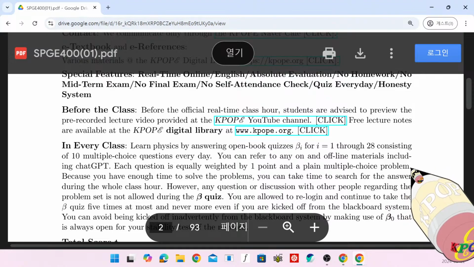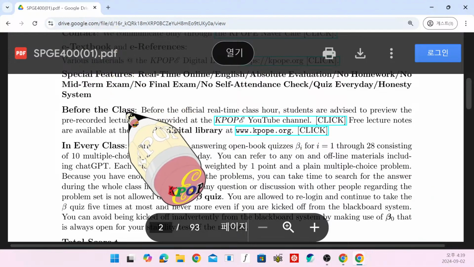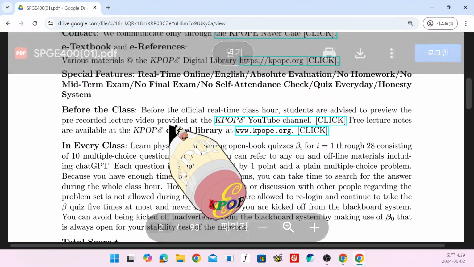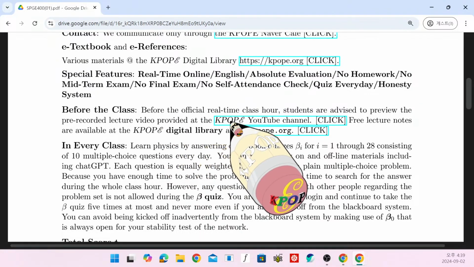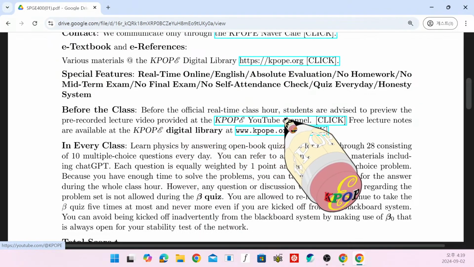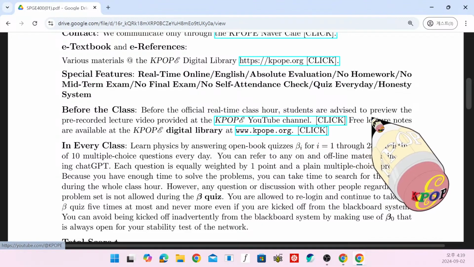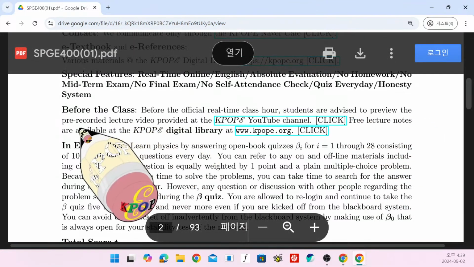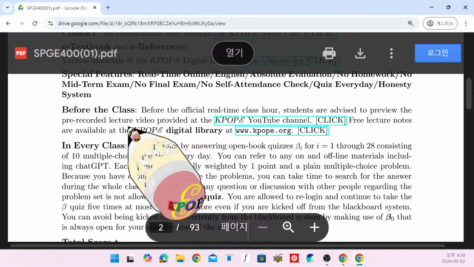In every class, we take a beta exam, and you have to study in advance before you come to the class. What you have to do is, before the official real-time class hour, students are advised to preview the pre-recorded video lecture.